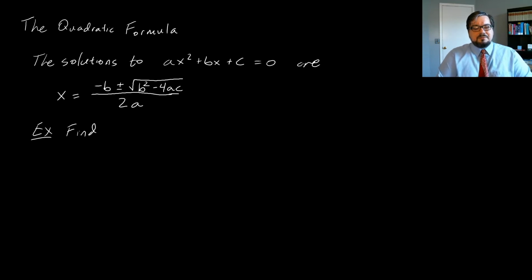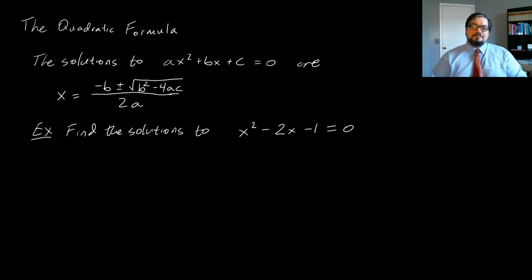Let's say we want to find the solutions to the equation x squared minus 2x minus 1 equals 0. Now, if you look at this for a little bit, you'll realize that we actually can't factor this.